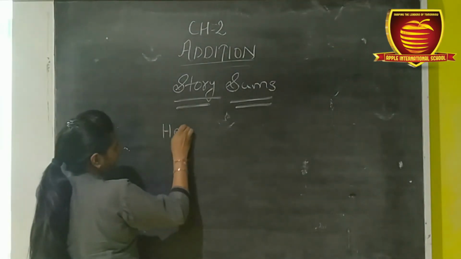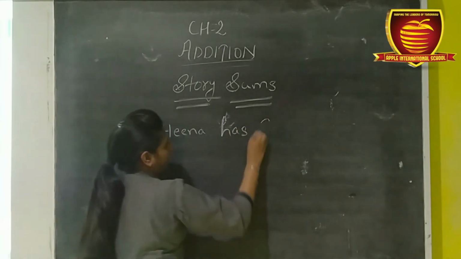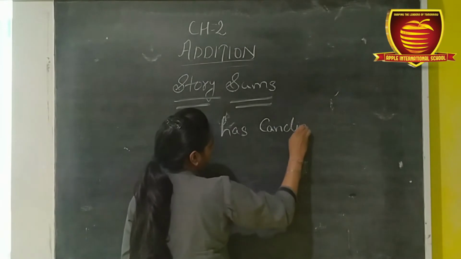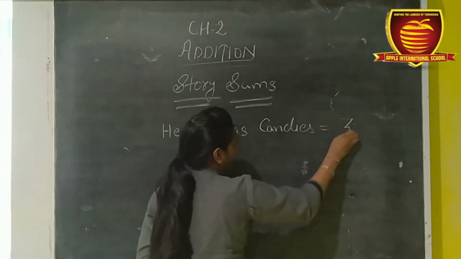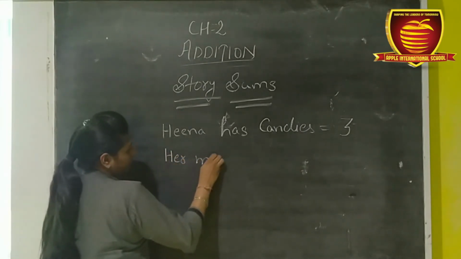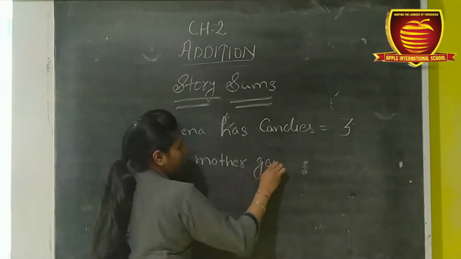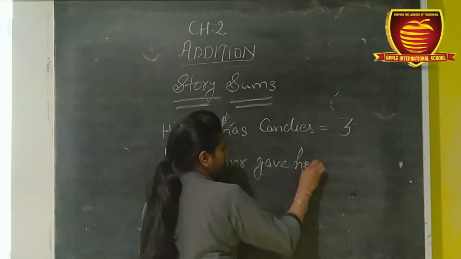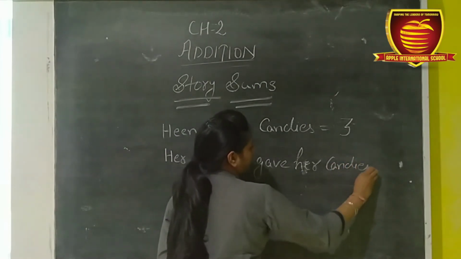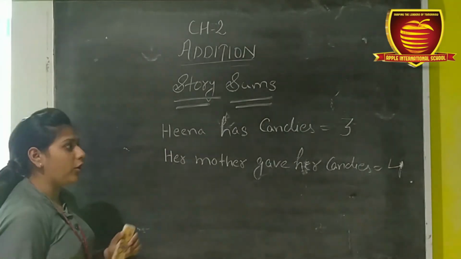Hina has candies equals 3. Her mother gave her candies equals 4.